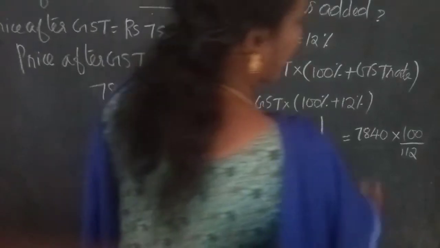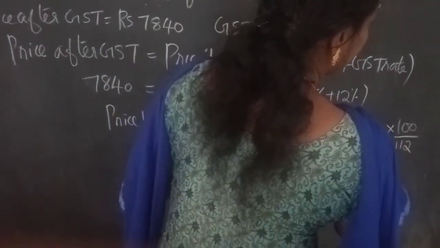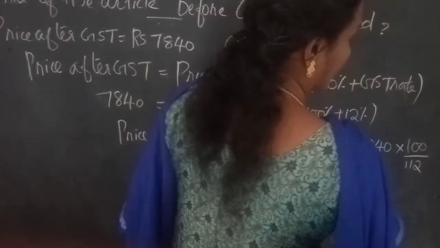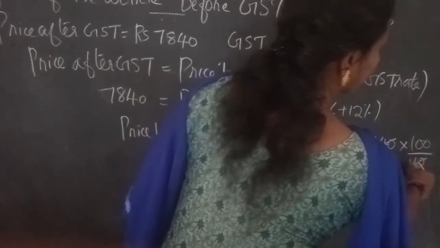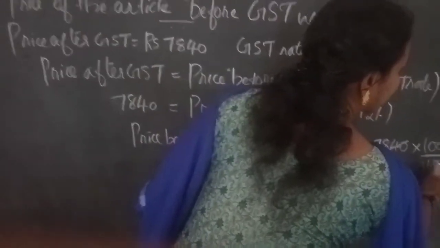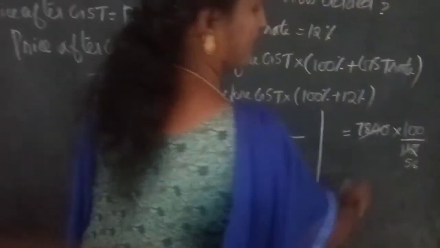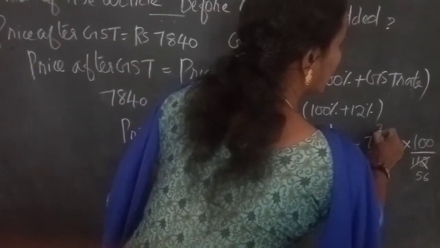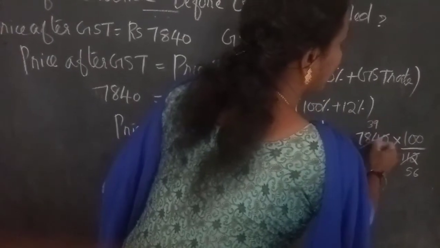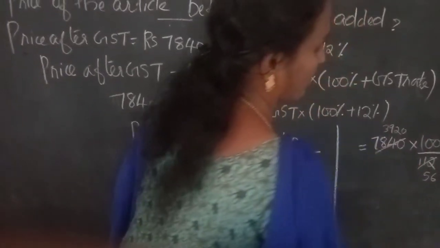Okay. So we can cancel 7,840 and 112. Divided by 2. 5 2s are 10. Then balance 1, 12. 6 2s are 12. Here 3 2s are 6. Then balance 18. 9 2s are 18. 2 2s are 4. Put 0. Okay.